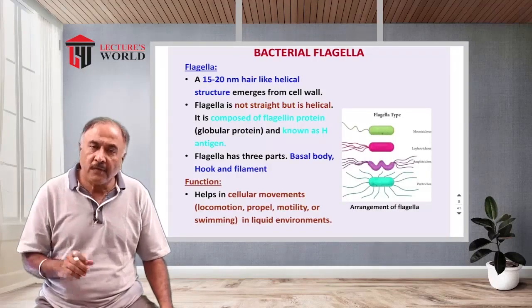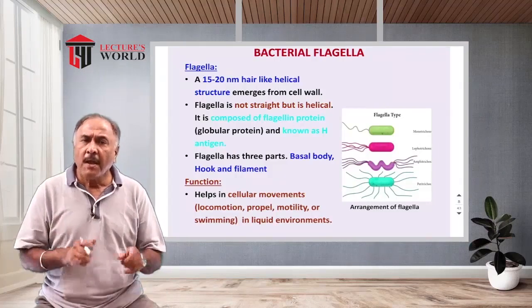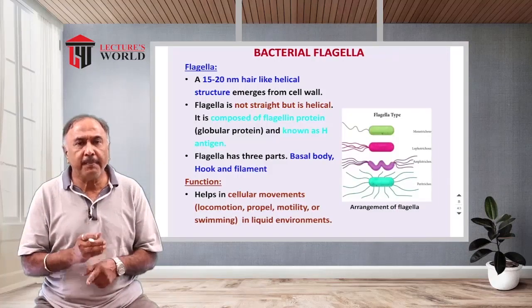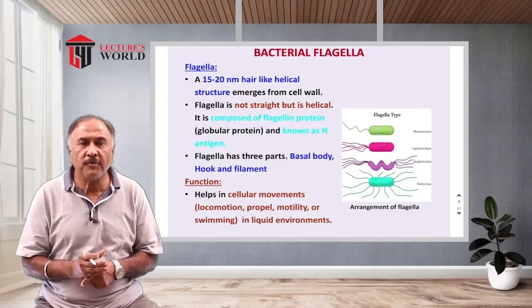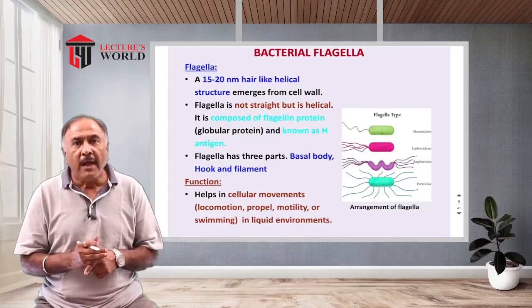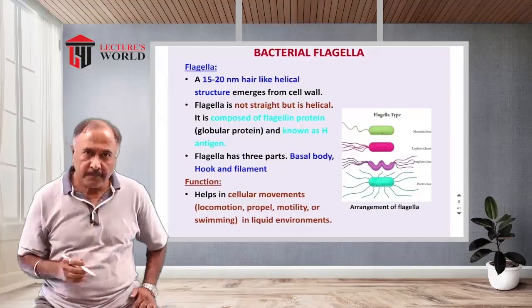So, the point is, they are helical structures. Why are they known as helical structures? Because flagella are made from a protein known as flagellin, and this flagellin protein arranges itself in a helical fashion.